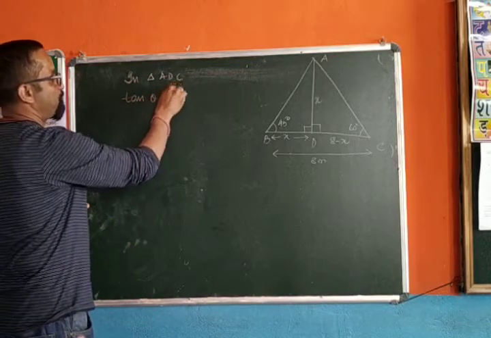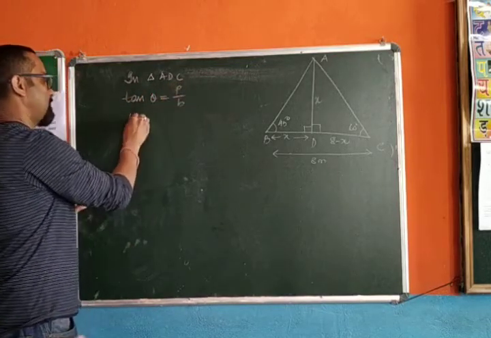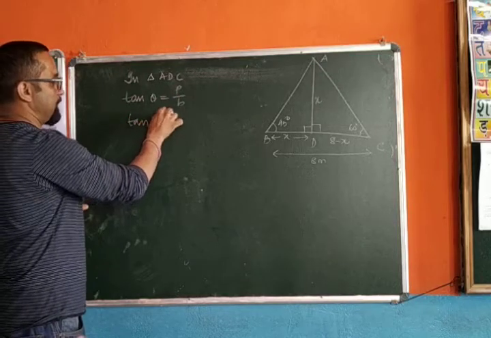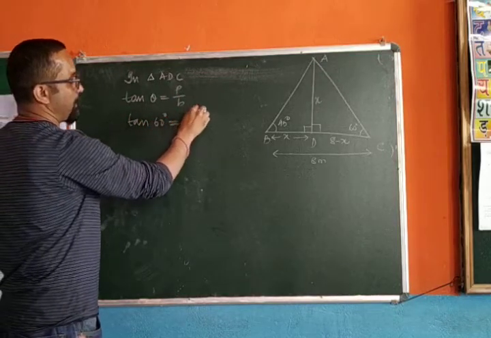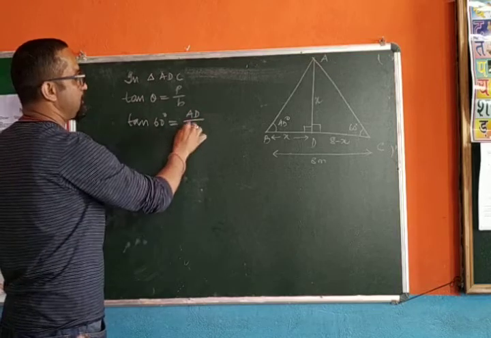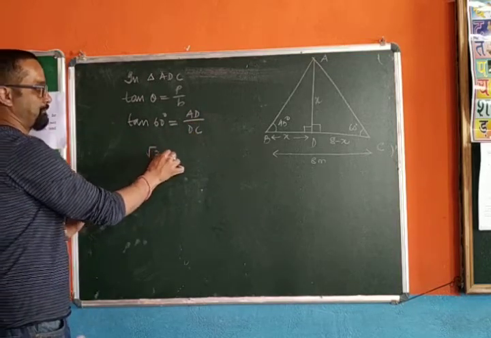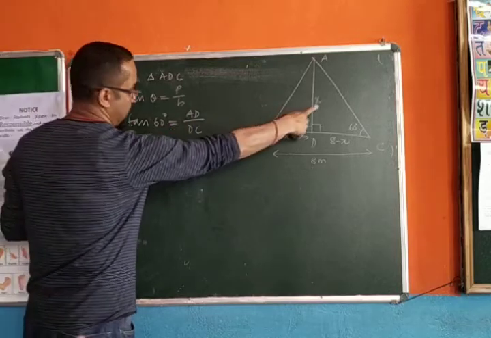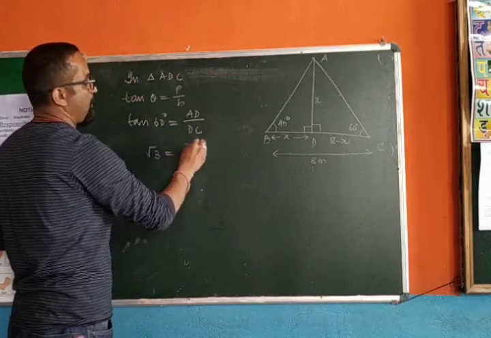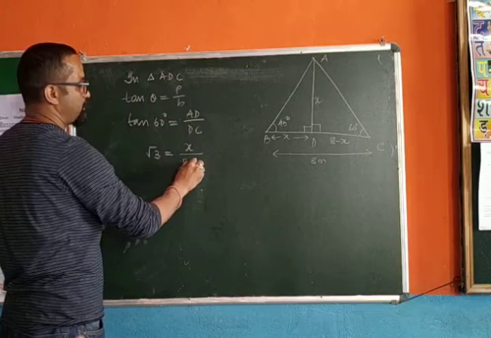Tan theta is perpendicular upon base. Tan 60 degrees: perpendicular is AD, base is DC. Tan 60 is root 3. AD we know is x, and DC is 8 minus x.